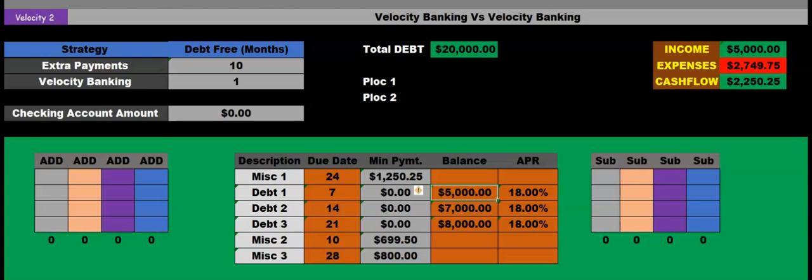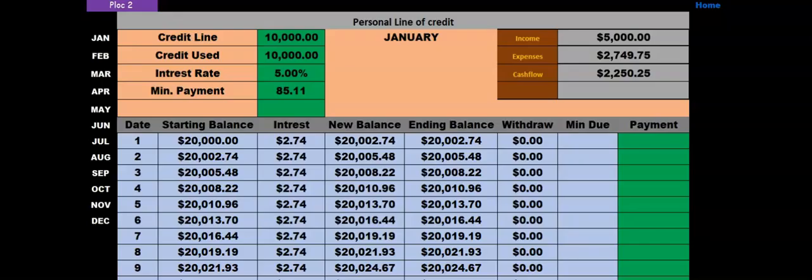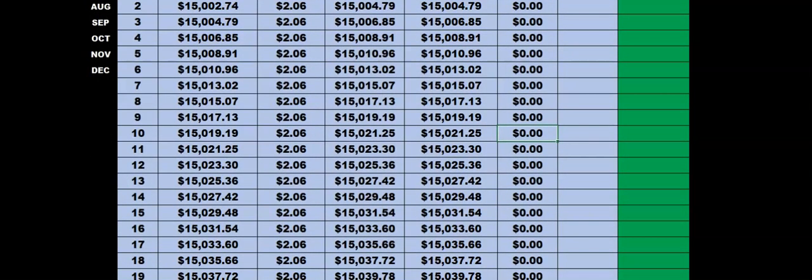So looking at scenario 2, we'll have the same income going in. The only difference is all the payments are the same, just the dates. So on the 10th, we'll have $699.50 coming out.